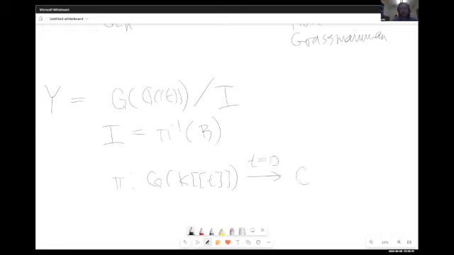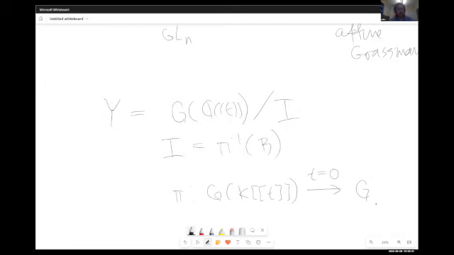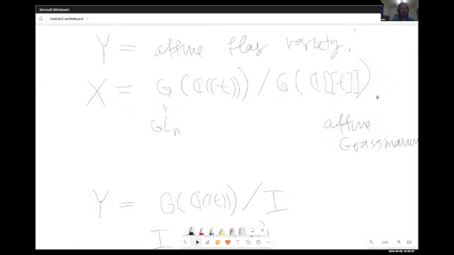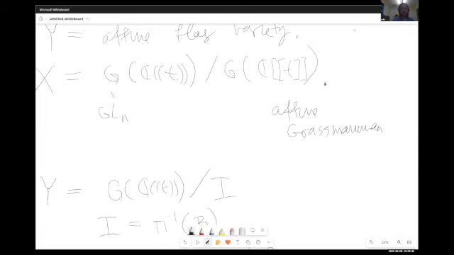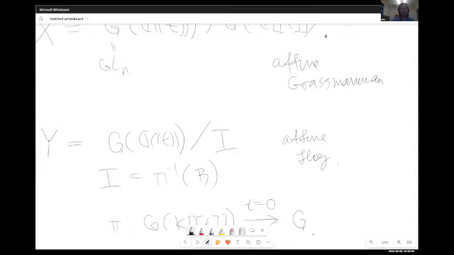So this just maps to G. So this description is what's usually the affine Grassmannian, the flag variety version. So this is the affine flag variety. It is similar, but we've replaced G with the ring of formal power series with the inverse of that map of a set of upward triangular matrices.